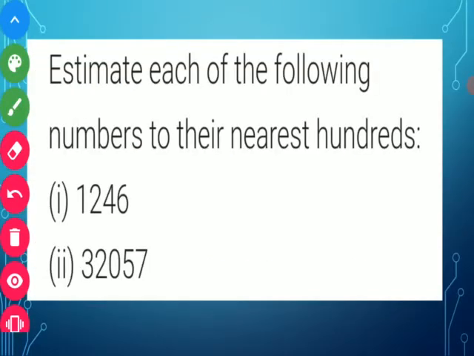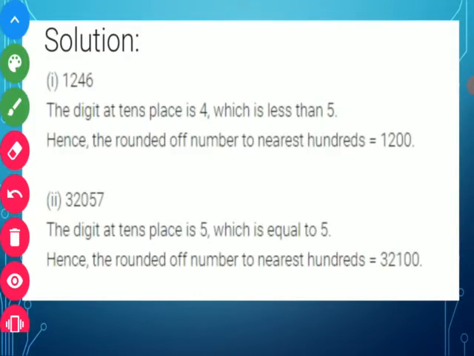Now let's do the next question. Estimate each of the following numbers to their nearest 100. Two numbers are given here and we have to round them off to the nearest 100. Again, if you have to round off to the nearest 100, then you will see the tens place. In the given number 1246, the tens place is equal to 4, which is less than 5.